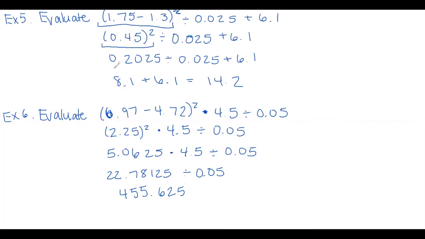After we have that squared, then we can do our division here to get 8.1. Then last, we have to do 8.1 plus 6.1 to get our final answer, which is 14.2.